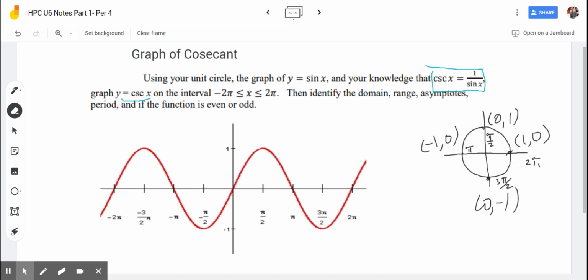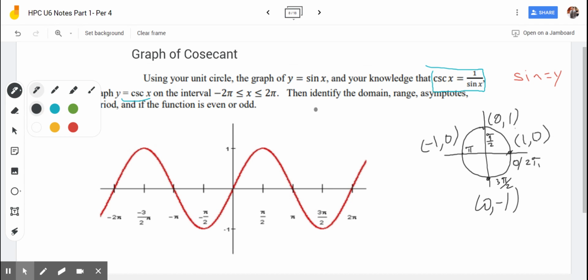So our key points to look at for cosecant are going to be at these quadrant values. At 0, remember sine is our y values, the y values of the coordinates. So 1 over 0 is going to be our cosecant value at 0.